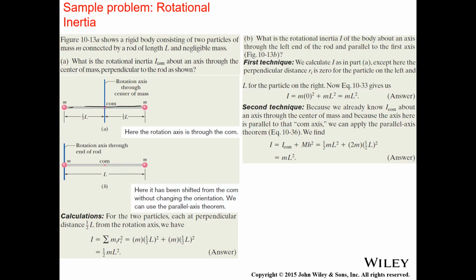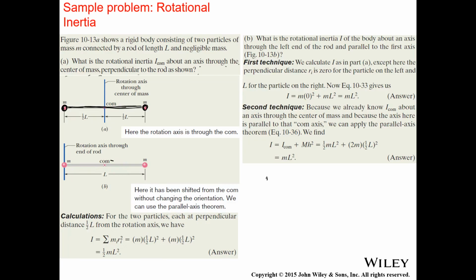So my body, it's similar to, let's say, a dumbbell, but the axis is of no weight, all right? So this rod has no weight, and these two masses have a certain mass, and this is my whole system. Now, I want to find its rotational inertia about an axis through the center of mass perpendicular to the rod as shown.